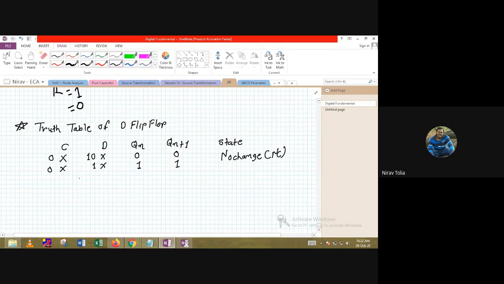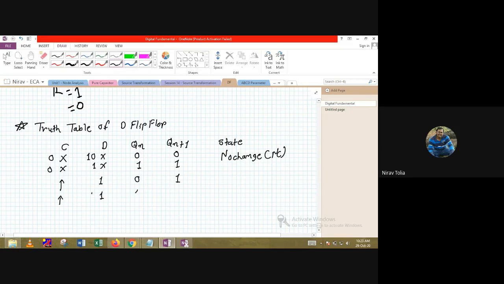So now actually we have two states. Suppose I am giving the clock pulse and my D input is 1. If my D input is 1 and my Qn is 0, then my output Qn plus 1 is 1.